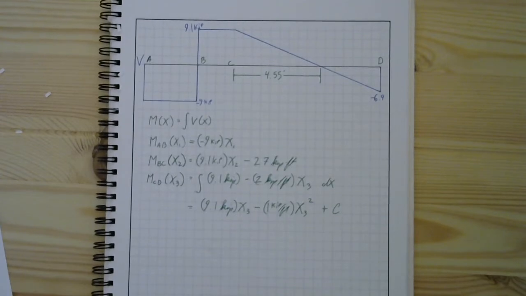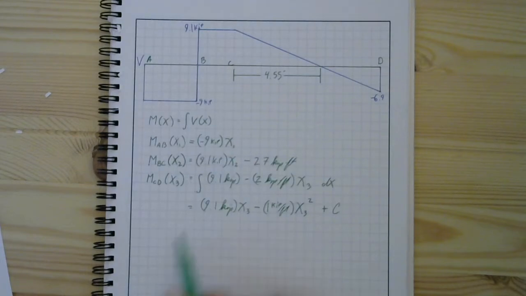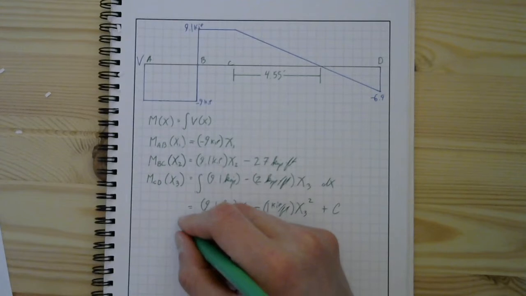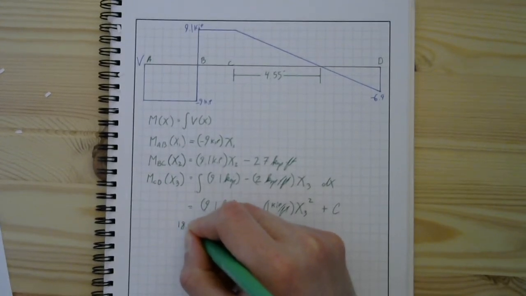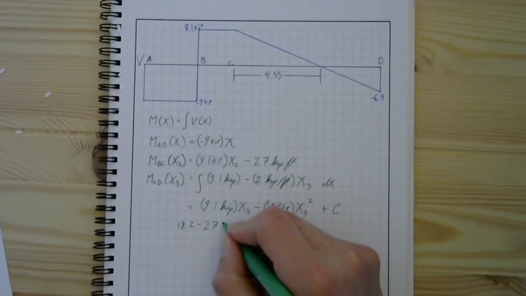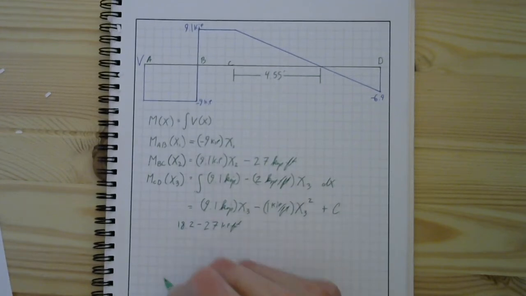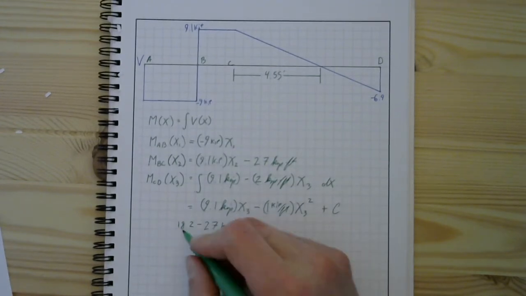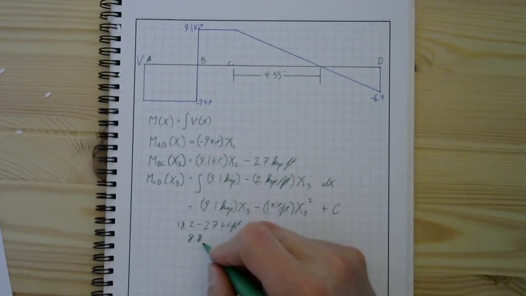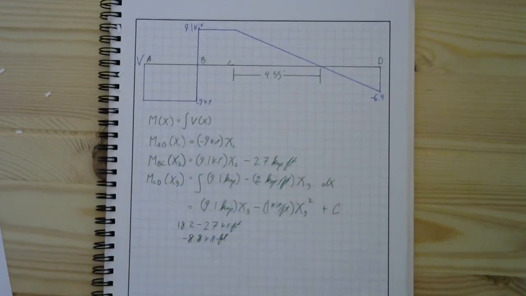And this constant of integration has to be sufficient that the moment at C is equal to the moment at C. So plugging in 2 for this, we're going to end up with 18.2 minus 27 kip feet, and that's going to be negative 8.8 kip feet.